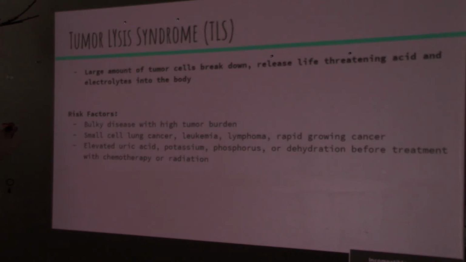Tumor lysis syndrome. So we've seen this a bit here on the 6th floor, but it's great to review. This is when a large amount of tumor cells break down and release life-threatening acid and electrolytes into the body. So big risk factors here are bulky tumor, small cell lung cancer, leukemia, lymphoma are some common ones that we see this with.